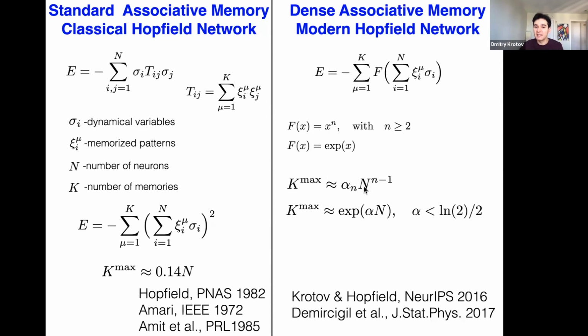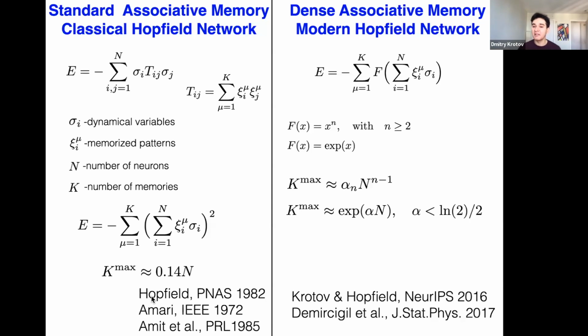So essentially it scales like the size of the network raised to the power n minus 1, where n is the highest degree of the power that appears in the definition of the energy function. So when little n is equal to 2, we of course recover the familiar linear scaling relationship. But for n greater than 2, the capacity scales much faster with the size of the network than in the classical Hopfield network.